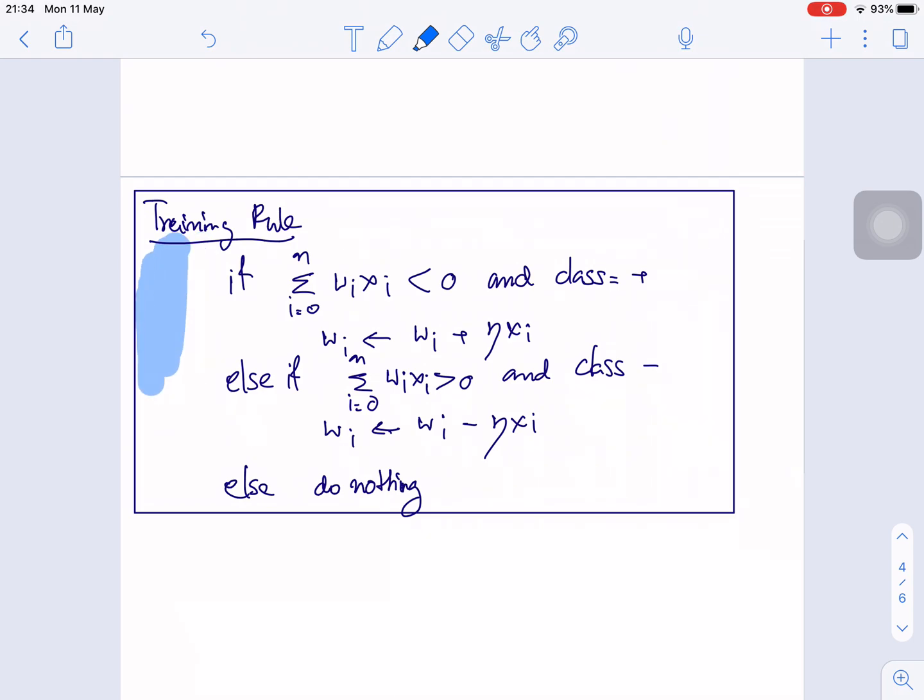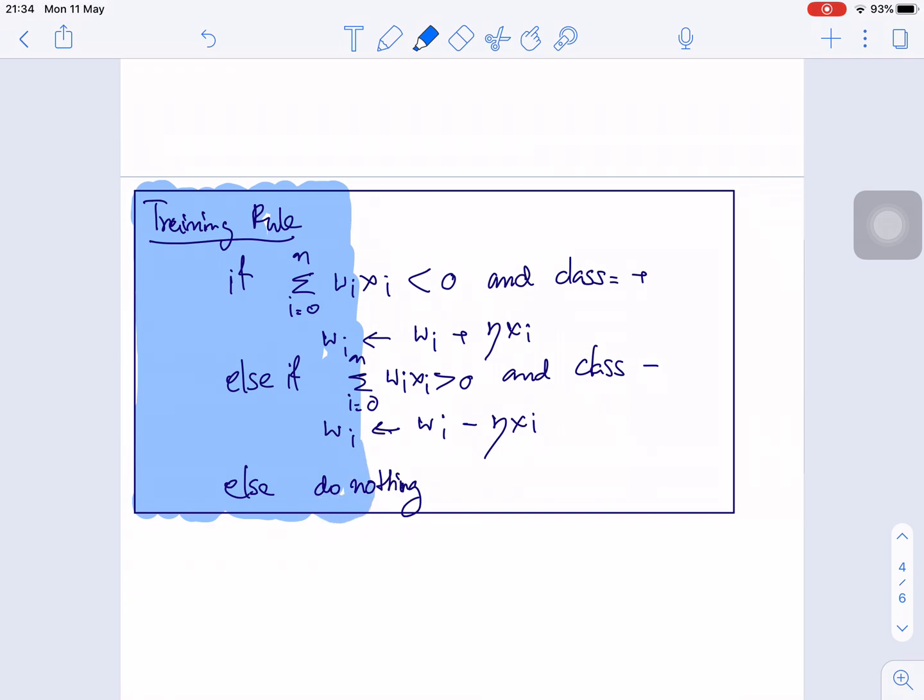This is the training rules for the first kind of perceptron, the one that uses the threshold and checks that if it's greater than 0 it will be 1.